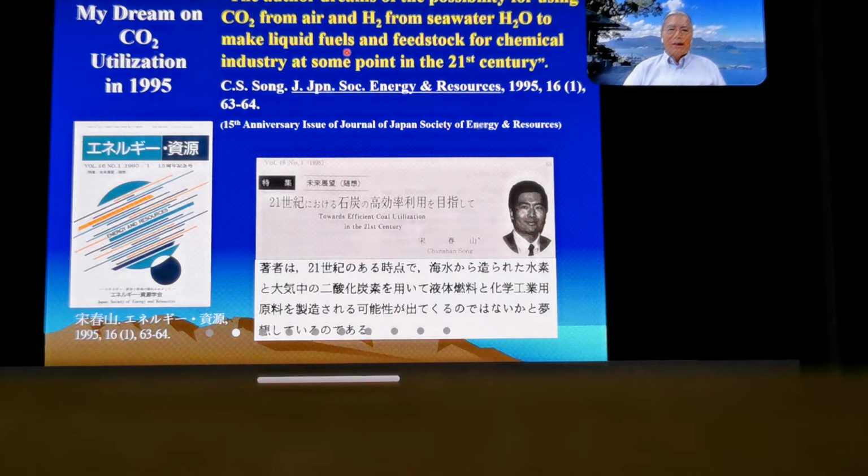And I actually wrote about one of my future dreams, where I stated the author dreams of the possibility of using CO2 from air and hydrogen from seawater to make liquid fuels and feedstock for the chemical industry at some point in the 21st century. Of course, in those days, this type of statement faced strong resistance.